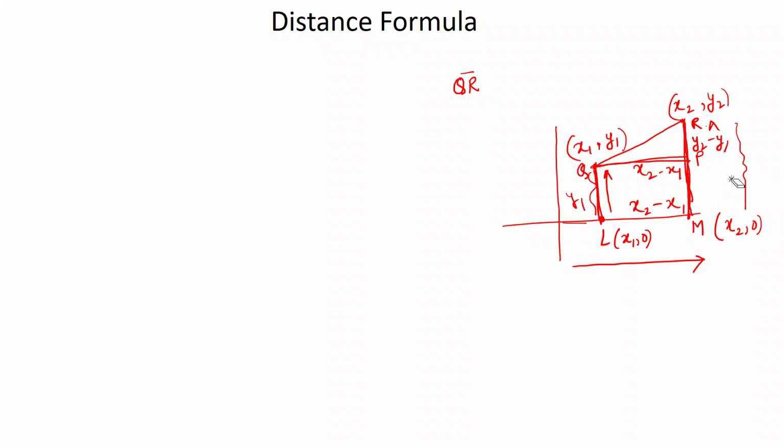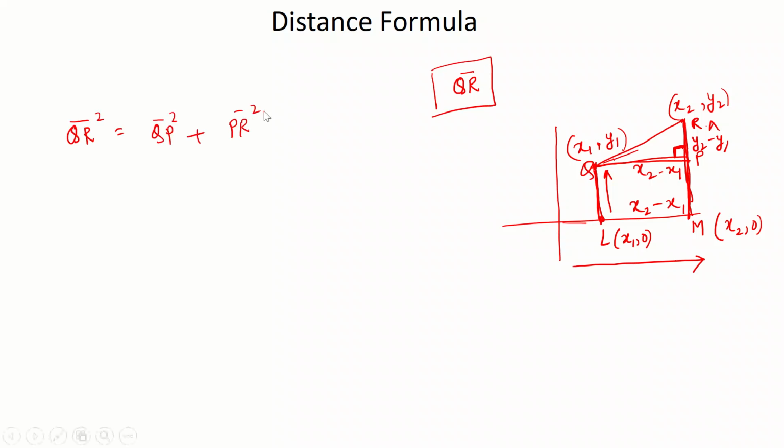Now what we have at hand is a right angle triangle with perpendicular and base. So applying Pythagoras theorem, I can find QR, which is the required thing. Using Pythagoras theorem, QR square is QP square, which is base square, plus PR square, which is perpendicular square.